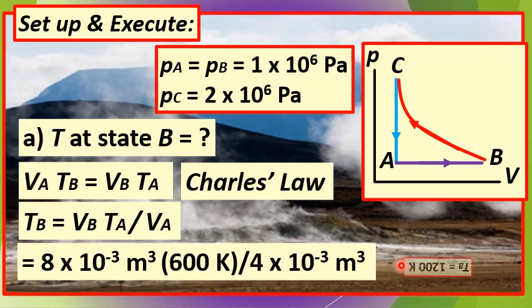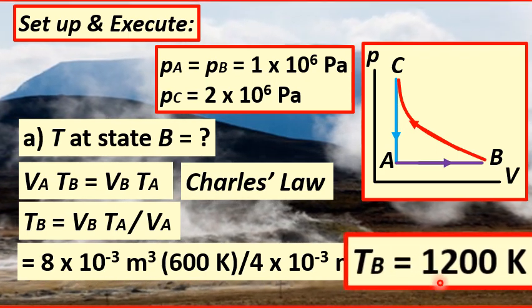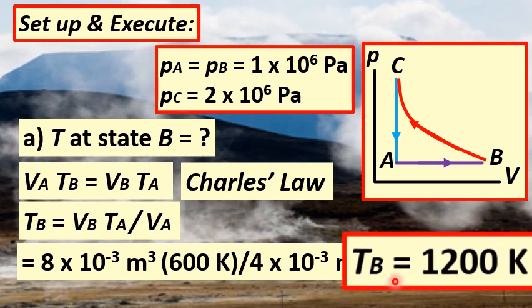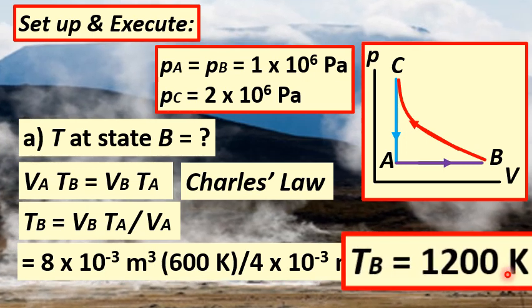So doing our math, we will arrive at this value for the temperature at state B equal to 1200 Kelvin.